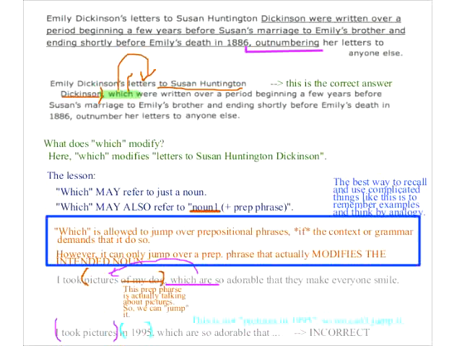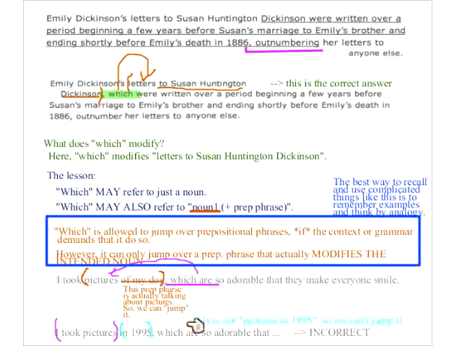In other words, if you try to remember this as an abstract rule, like which is allowed to jump over prepositional phrases if the context or grammar demands, however, it must jump over a prep that modifies, well, you're not going to be able to use it. It's going to be way too complicated. It won't work. At least I'm not smart enough to do that. Maybe you guys are, but in 1,000 years I would never be able to do that.